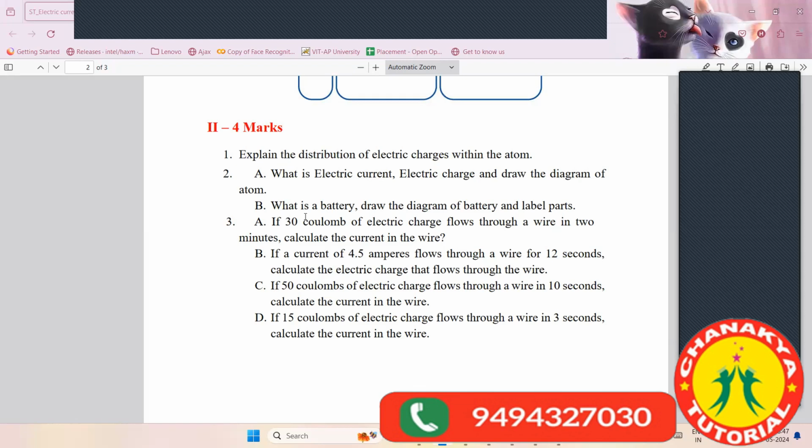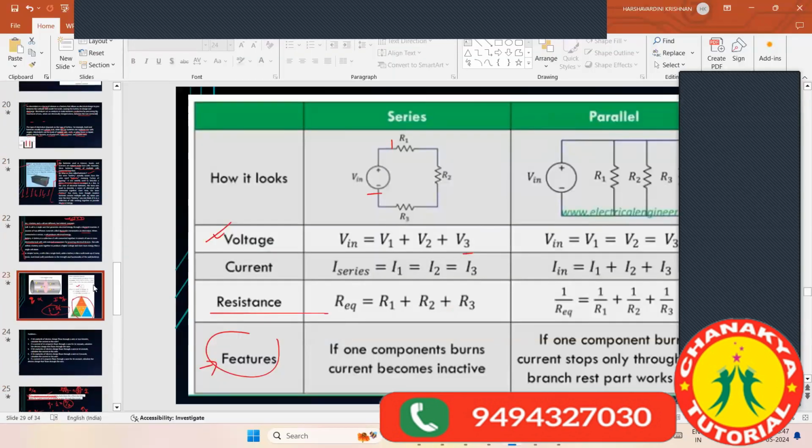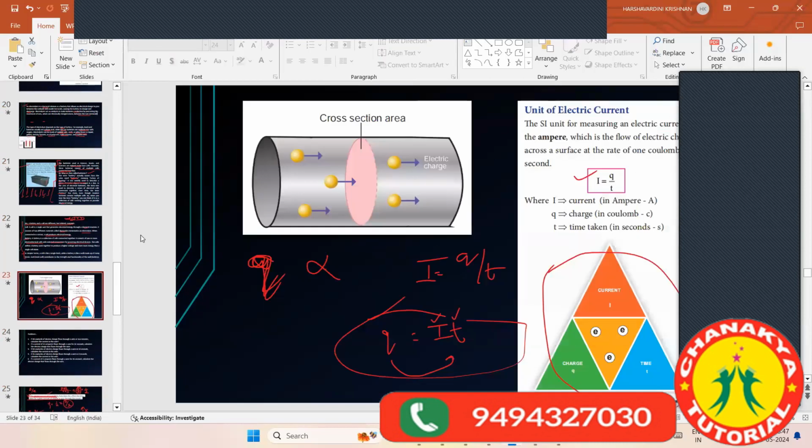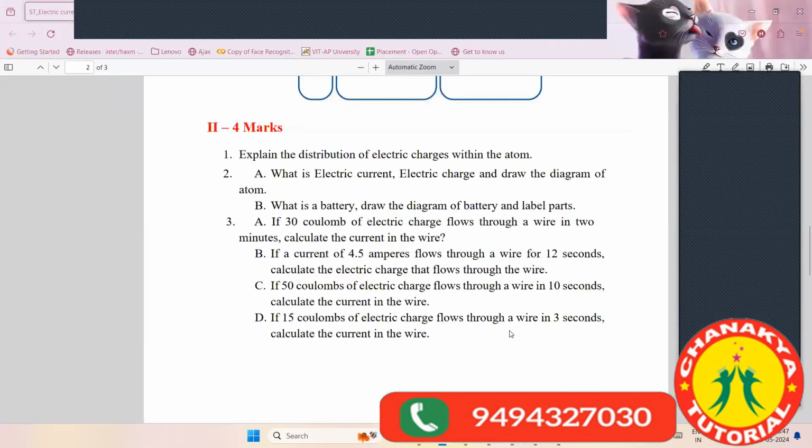Ma'am, the formula is I equals Q by T. Yes, you would have calculated I equals Q by T. It's not Ohm's law. So I think for Ohm's law only you people were absent. Charvik, I think for the electric current lesson you were present. For resistors, I was present. Okay, resistors only you were present.